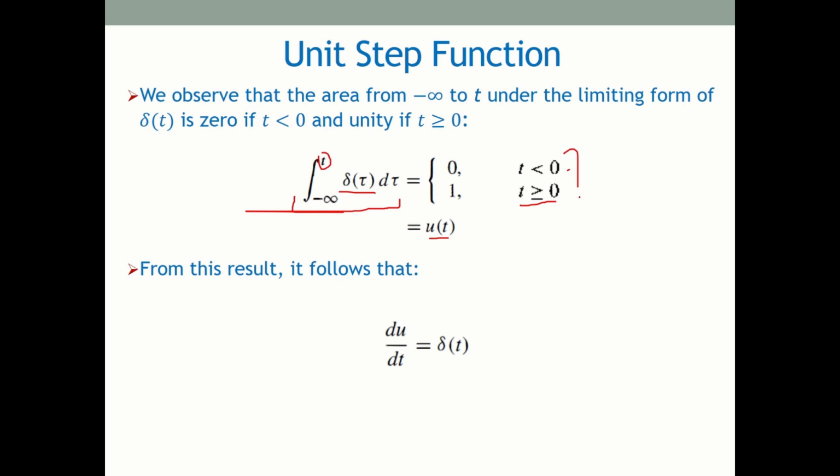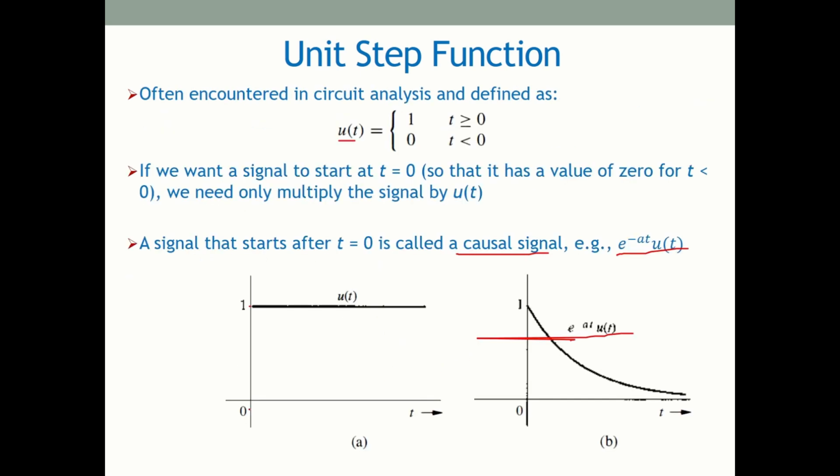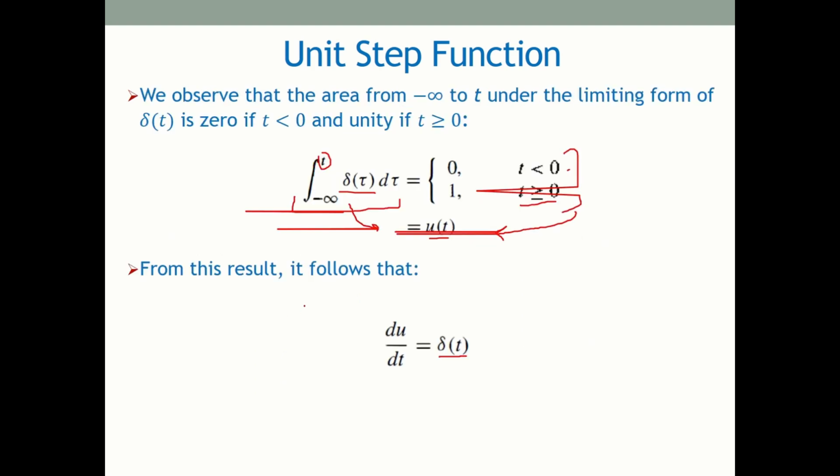So these expressions are the exact representation of u(t). This is how delta t and u(t) are related. Similarly, we can also say that the derivative of u(t) gives us delta t because of the discontinuity at this point. When we take the derivative, we will get an impulse at this point.